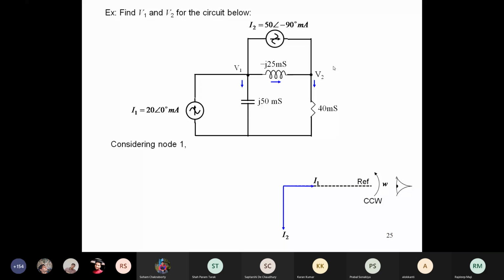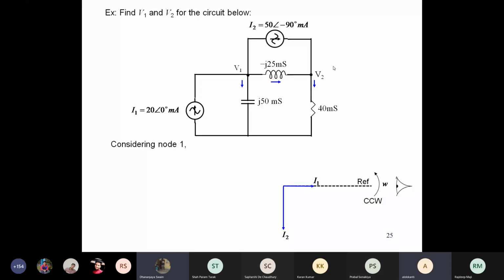No. Sir, is V2 3.449 angle minus 42 degree? No. Okay.